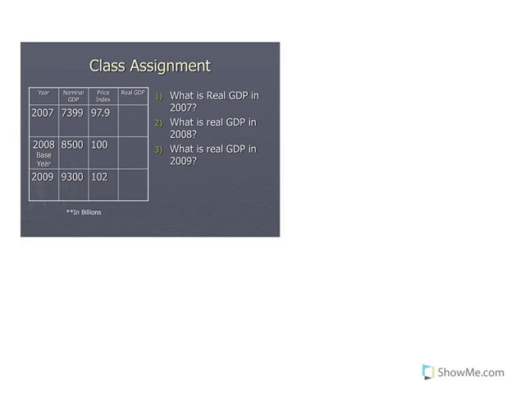Okay, so let's review a little bit what we've learned in this chapter. Suppose I gave you a table of information that looked like so. I have 3 different years, 2007, 2008, 2009, and I say that 2008 is the base year. I give you the nominal values of GDP, plus I give you the values of the price index, and I want you to tell me what the value of real GDP is for each year.